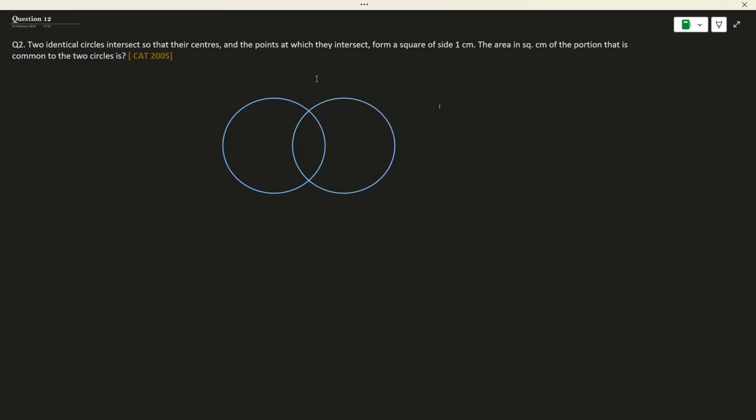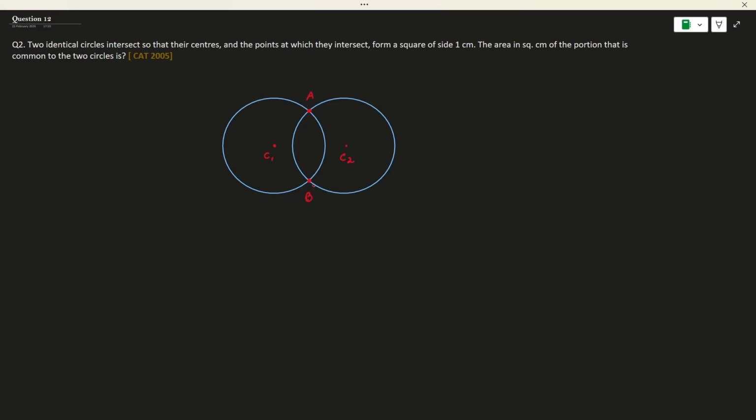Okay, and now let's say the centers. This is the center of the first circle. Let me denote it by C1, and let's say this is the center of the second circle. Let me denote the center by C2, and these points are the points of intersection. Let me say this is A, this is B.